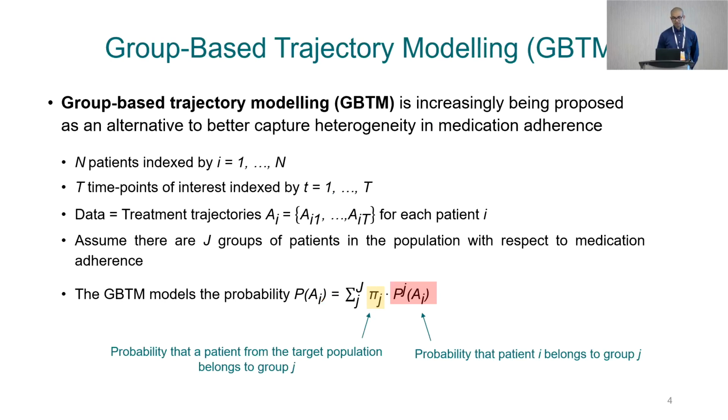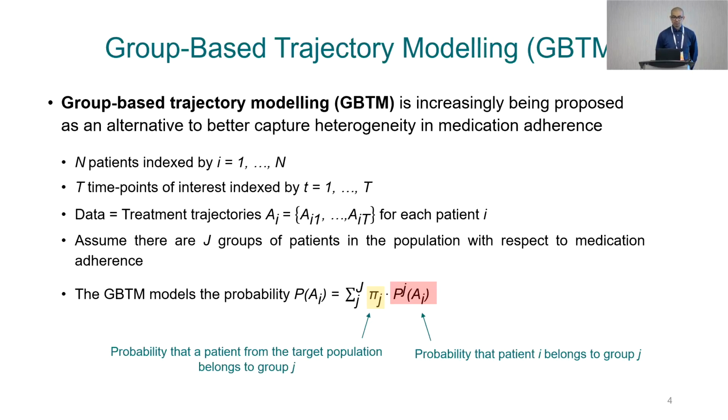Let's assume that we have data for patients in the form of sequences over time for each patient of, let's say, a binary variable that says prescription filled. And for the sake of assumption, let's assume upfront that there are J groups. We know that there are J, more than one, groups of patients in the population with respect to medication adherence that we want to classify these patients into.